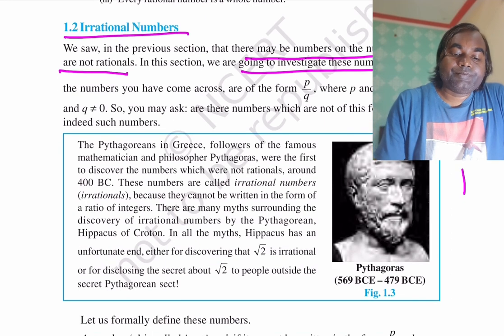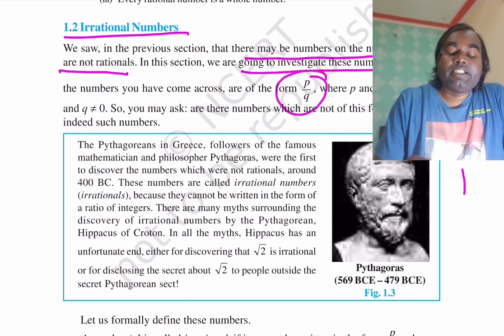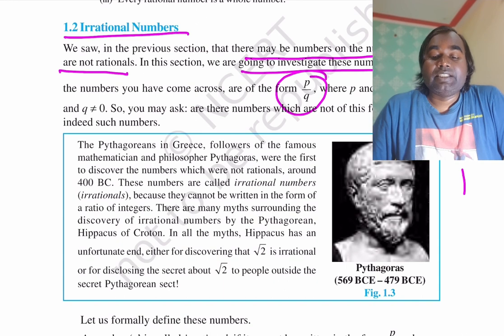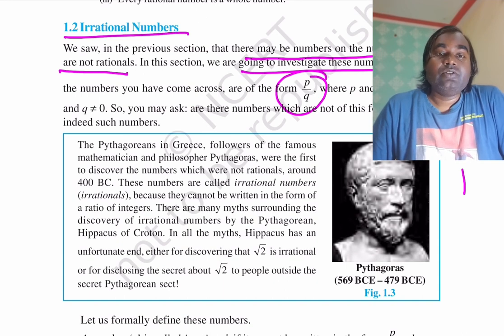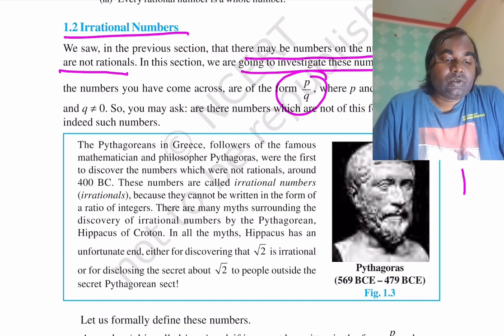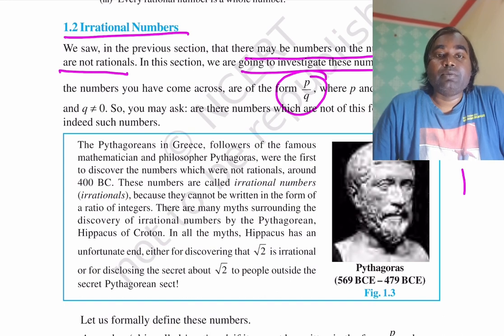We know that rational numbers can be represented in the form of p by q, where p and q are integers and q is not equal to 0. You know integers: all numbers including negative, 0 and positive are integers. Certainly there are numbers which are not of the form p by q, and those numbers are the irrational numbers.